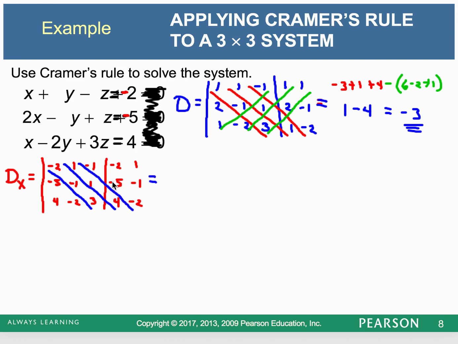And we'll see that that is 6 plus 4 minus 10 minus -15 plus 4 plus 4.